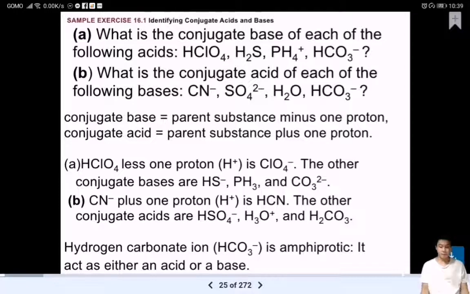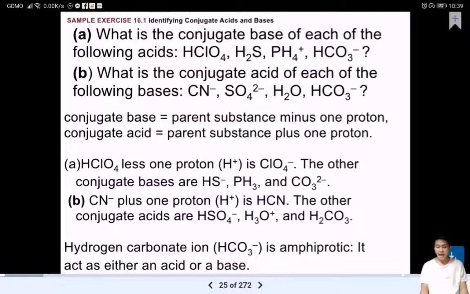So for number 1, the conjugate base: HClO4 less 1 proton, that is H plus, gives ClO4 minus. The other conjugate bases are HS minus, PH3, and CO3 2 minus.